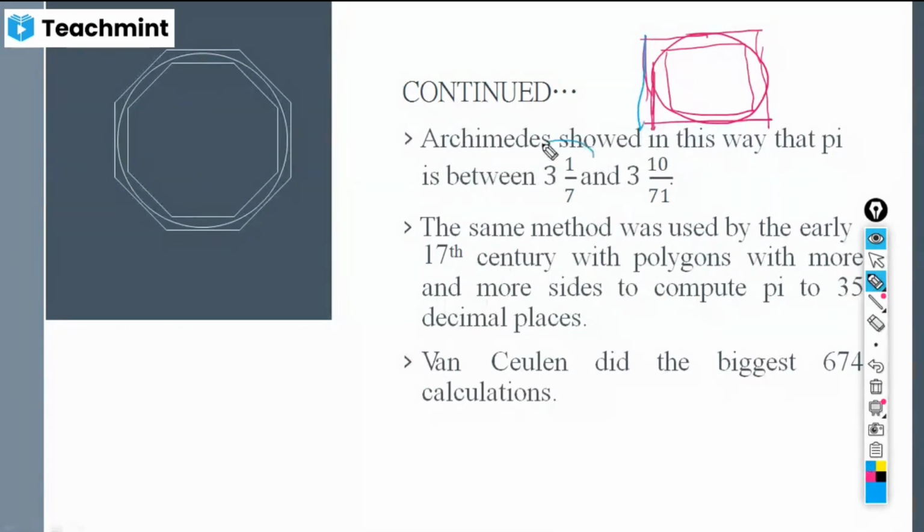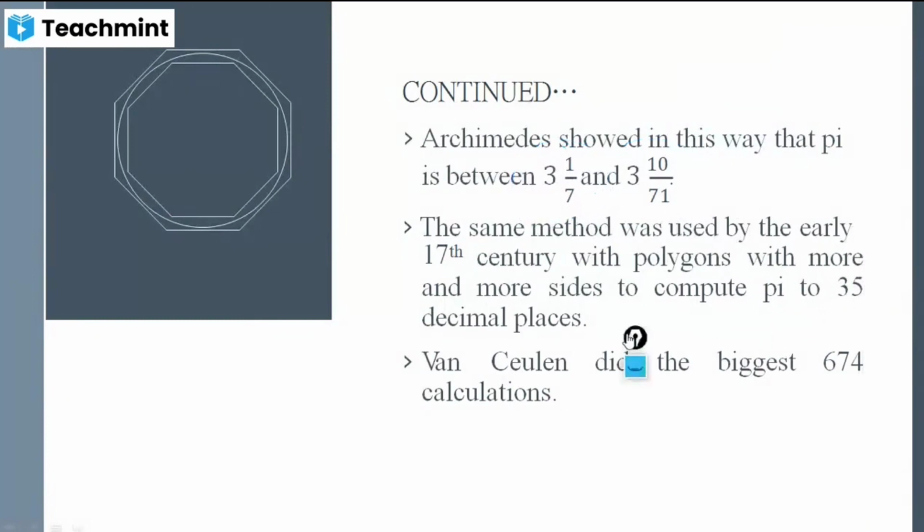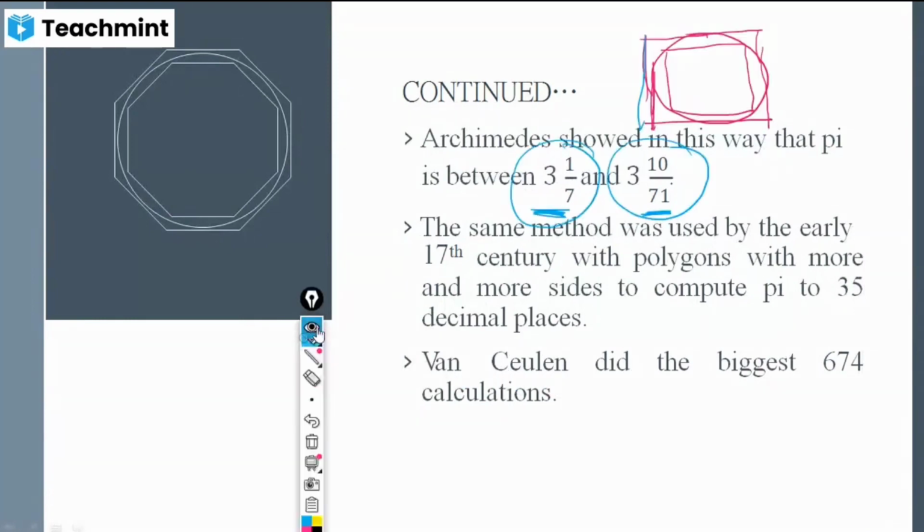So he got two results, 3 and 1/7 and 3 and 10/71. He said that pi lies between 3 and 1/7 and 3 and 10/71. This was Archimedes' approximation.